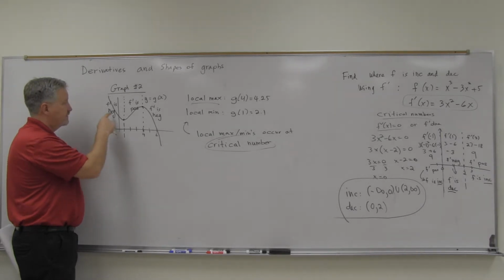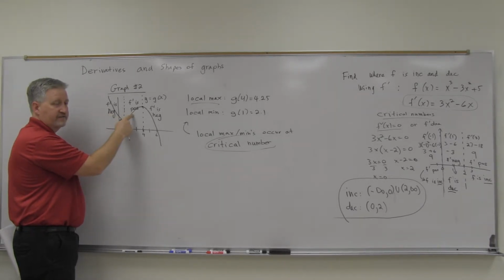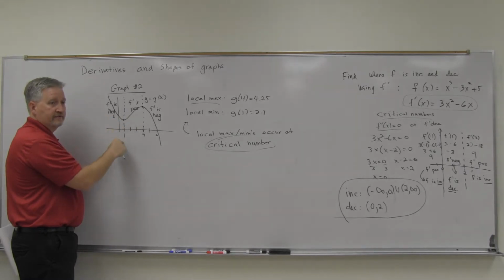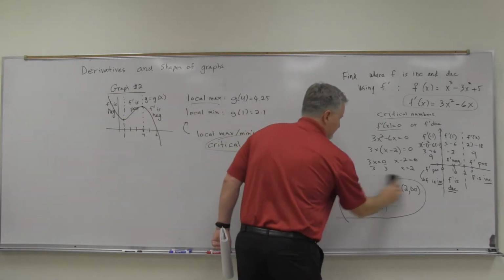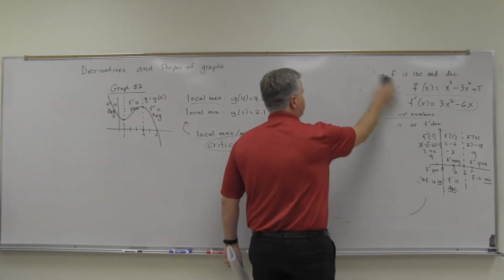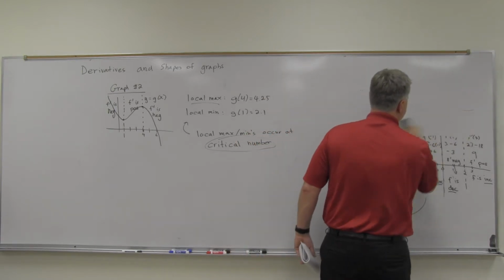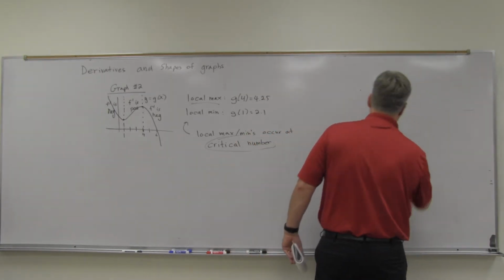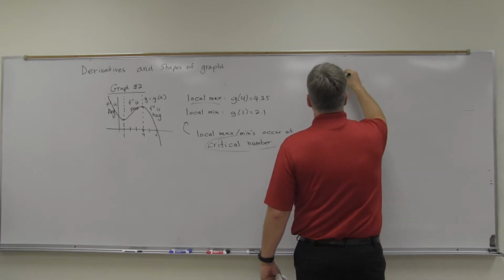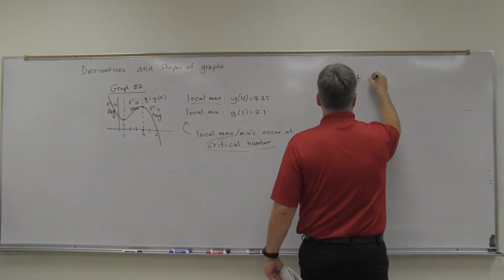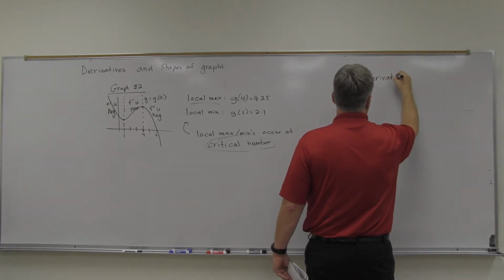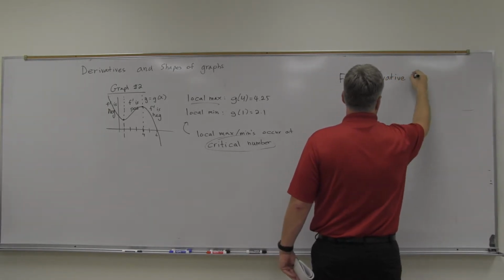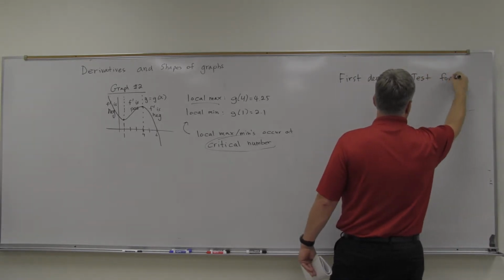So if the sign changes from negative to positive, you've got a local min at the critical number. And vice versa. So let me write that down. This is called the first derivative test for local maxes and mins.